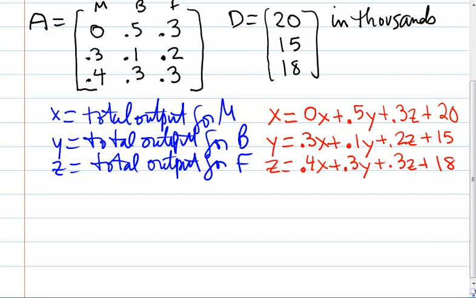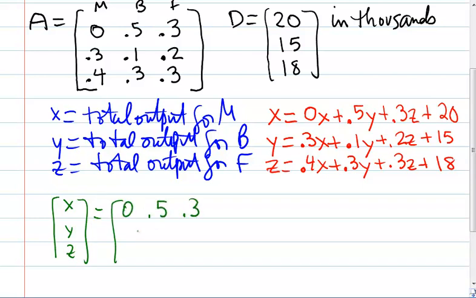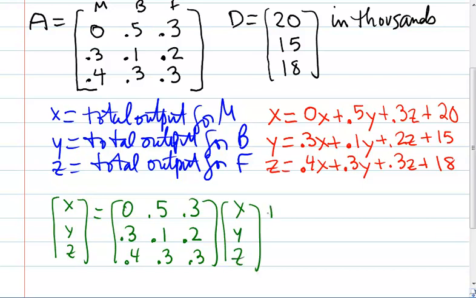I'm going to write a matrix equation that shows that. x, y, z, those are my variables, and I'll pack them in a matrix. I have the coefficients, which is my matrix A, the input-output matrix that I formed right in the beginning, times x, y, z, plus the demand matrix, which looks like that.